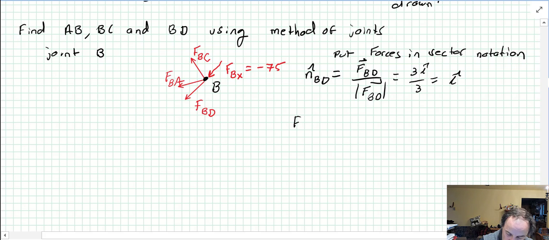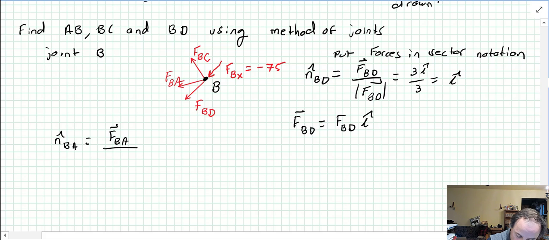So vector FBD, we can write as the magnitude of force FBD, I. Unit vector BA, the force BA over the magnitude of the force BA, gives 3I minus 4J over 5.